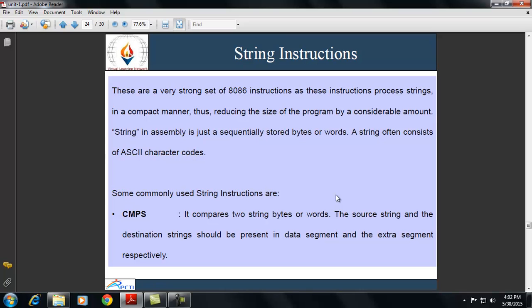Next are string instructions. These are a very strong instruction set of the 8086, used to process strings in a compact manner.